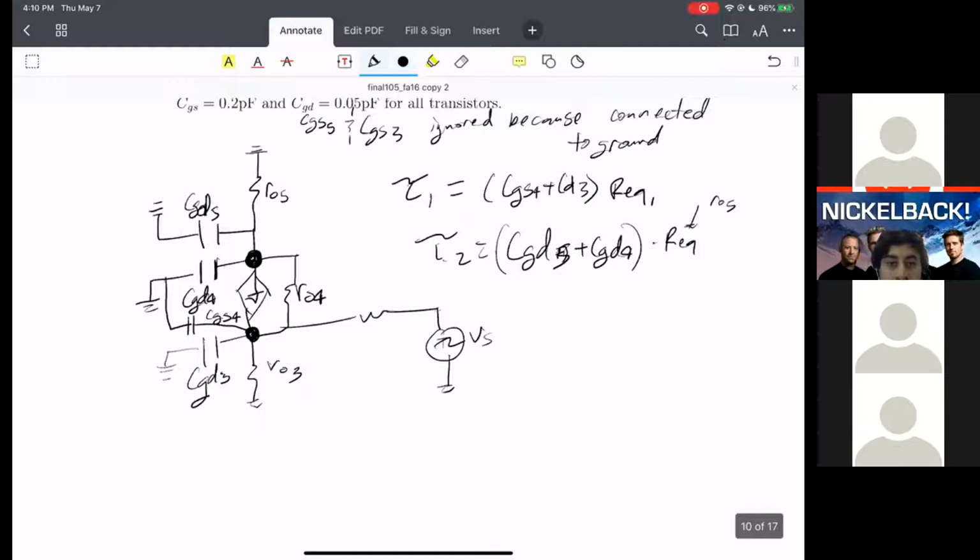We're going to use, looking up, 1 over gm4, which we're going to say is much, much smaller than ro3. Give me a second while I take into account Rs.